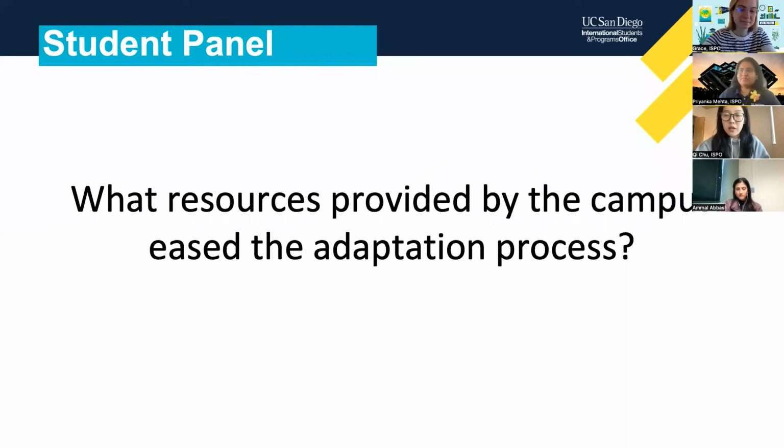And there are other events created by your own department that help you get to know people of your program in the same cohort. So it's really easy to make friends in those environments. That definitely helped me adapt to this new environment and find people that I feel comfortable hanging out with or developing connections.